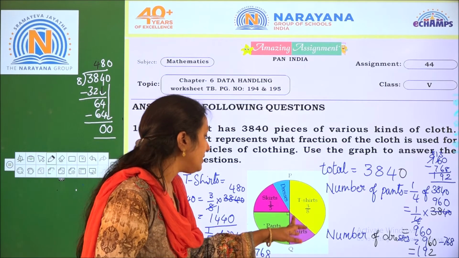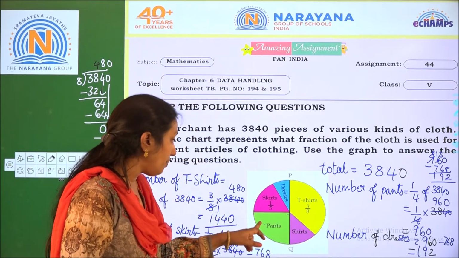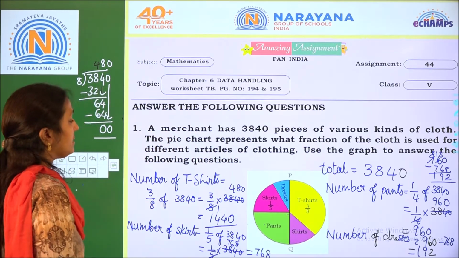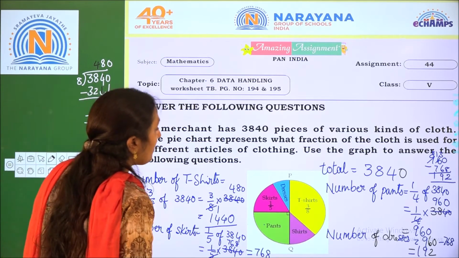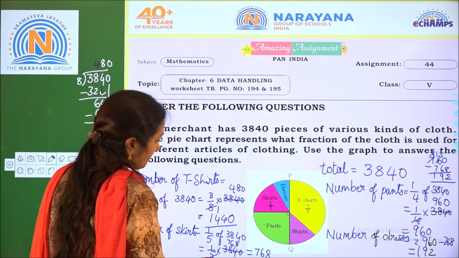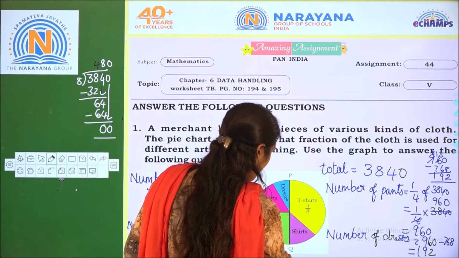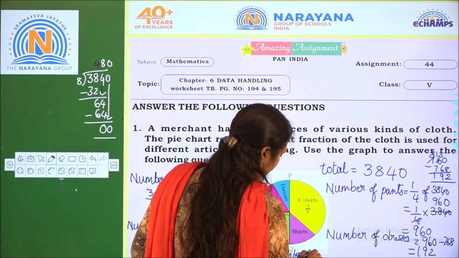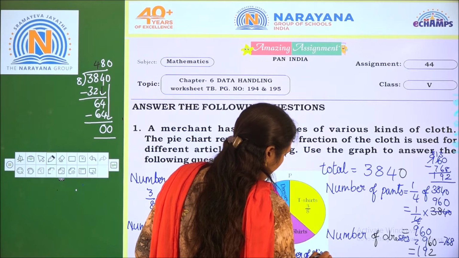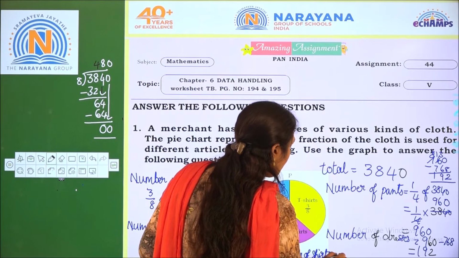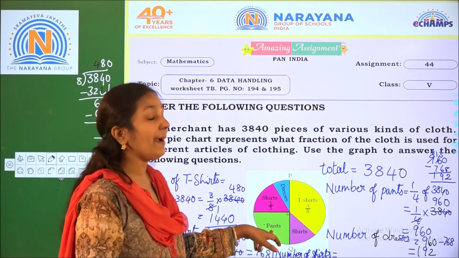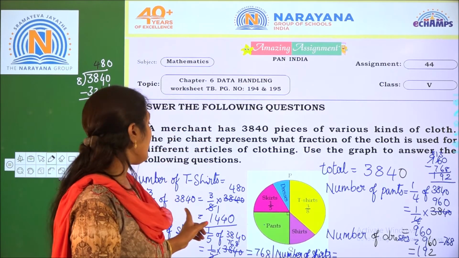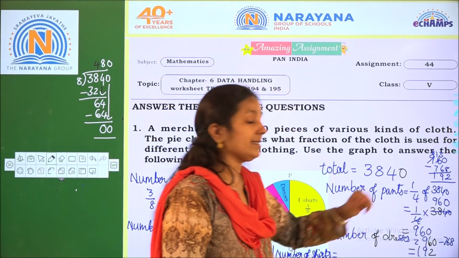So dresses we counted. Skirts we already know, pants we know, t-shirts we know; shirts we have to find. How to find the shirts? The number of shirts: already we know the pants, 960.